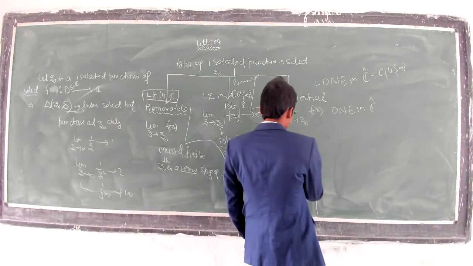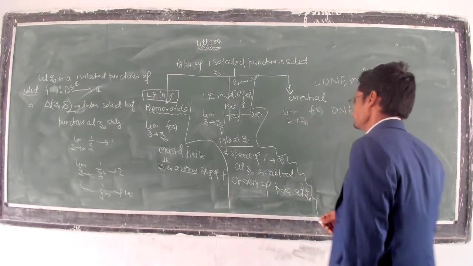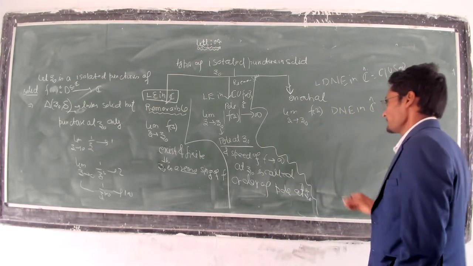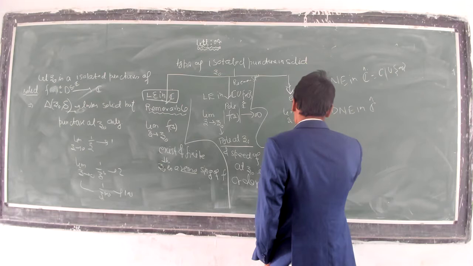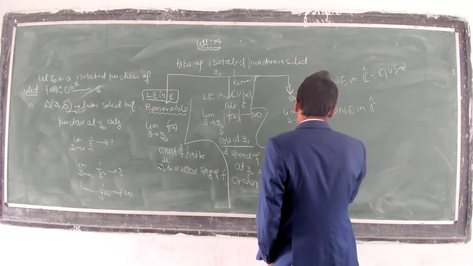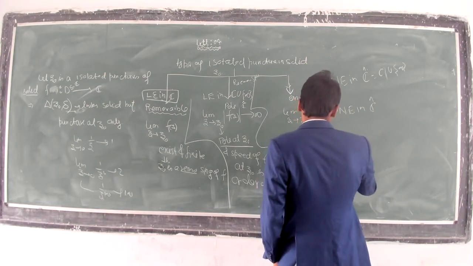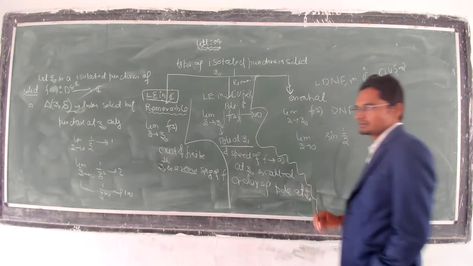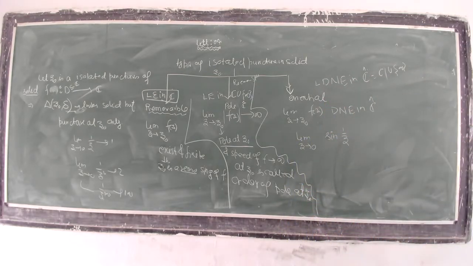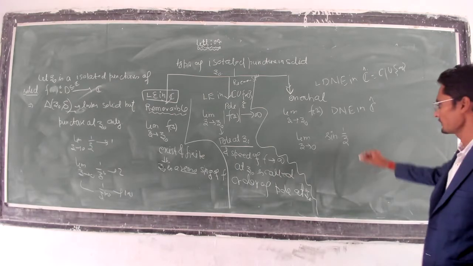For example, limit z tending to 0 of sin 1 over z.